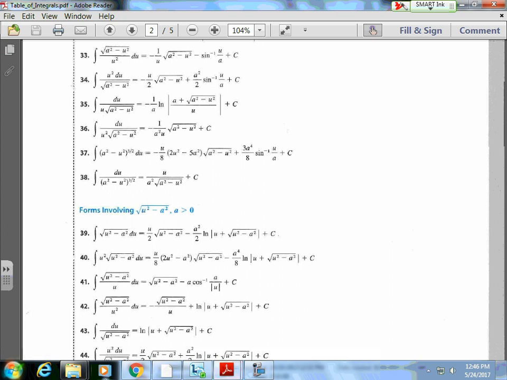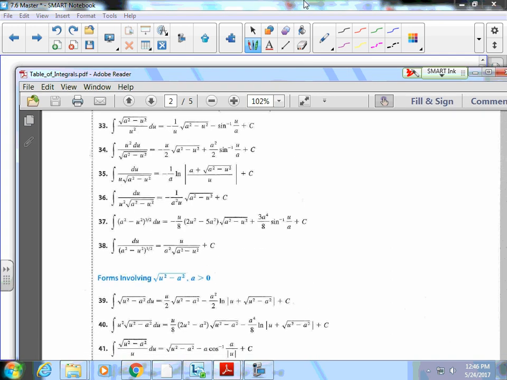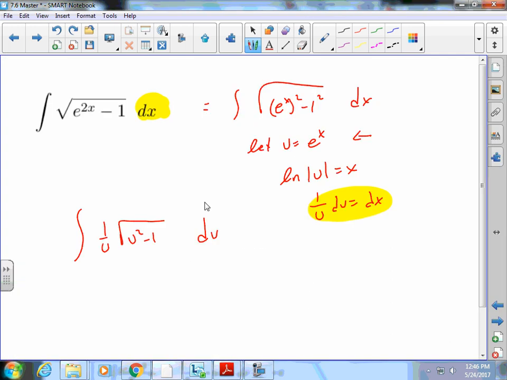So I'm going to go back to my problem. I think it's number 41, which gives me the square root of u squared minus a squared all over u du.